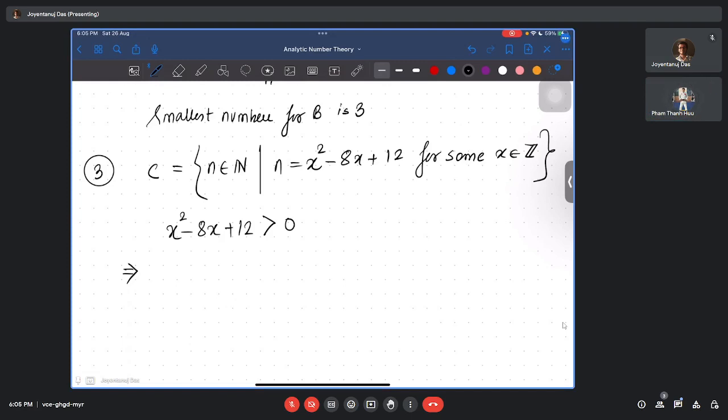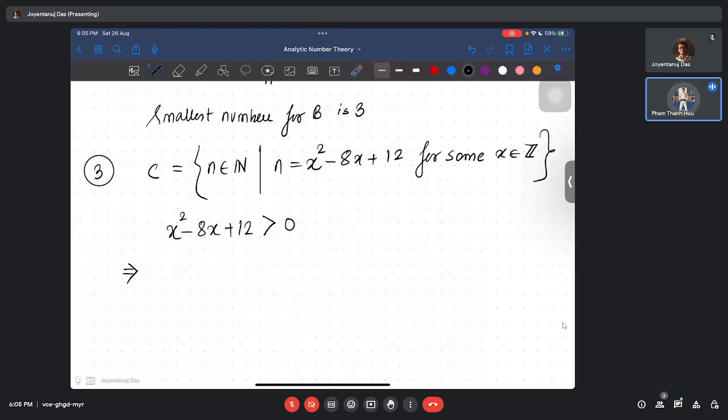We take the solution of x equal to zero. Just tell me the factorization. It can be written in this form: x minus a times x minus b.